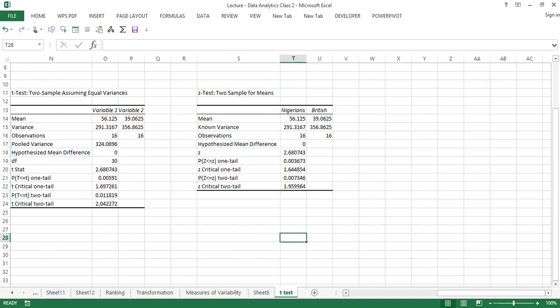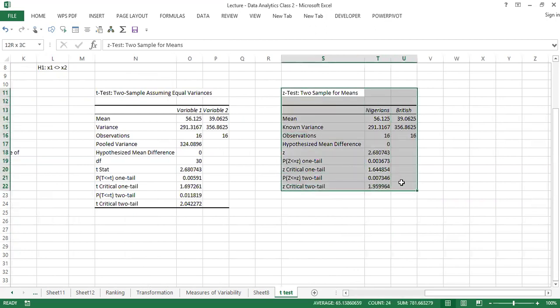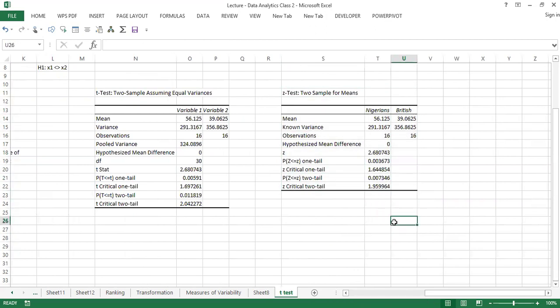All right, so I want you to interpret this result for me. Interpret the result. It's the same thing.